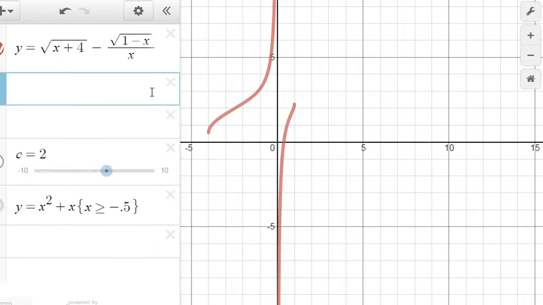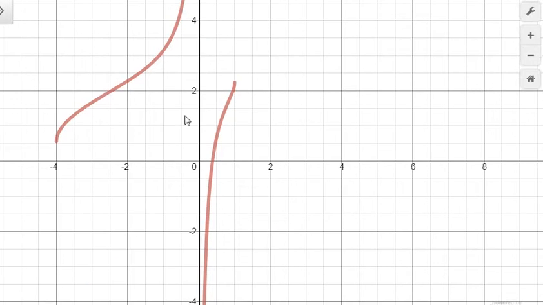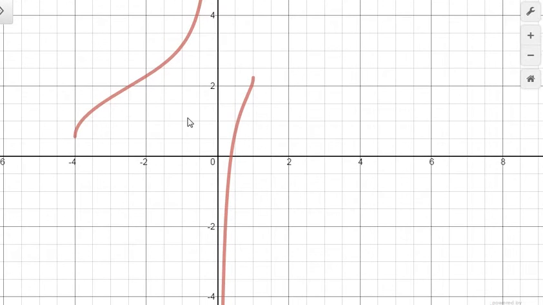Let's turn that on. Okay, and the function seems to be showing us what we saw, that it's not defined at 0, and it goes up to 1 and down to -4. So kind of an interesting looking function, but its domain visually matches what we calculated.